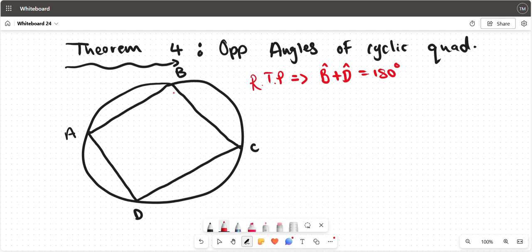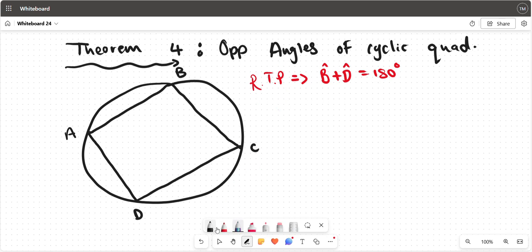If I have a B here, the B and the D, the guys that are opposite to each other, are going to add up to 180 degrees. And again, the A there and the C there are going to add up to 180 degrees. So what I'm required to prove is that B and D add up to 180, right?